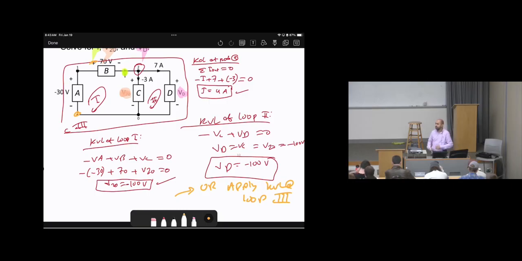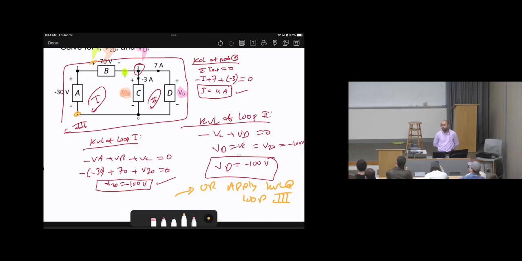But is there any other? Actually there is a third way, can you figure it out? You can do the big loop with A, B, and D. Yeah, but it's still the same. According to our standards, we will do KVL starting from the left bottom corner, then go clockwise.